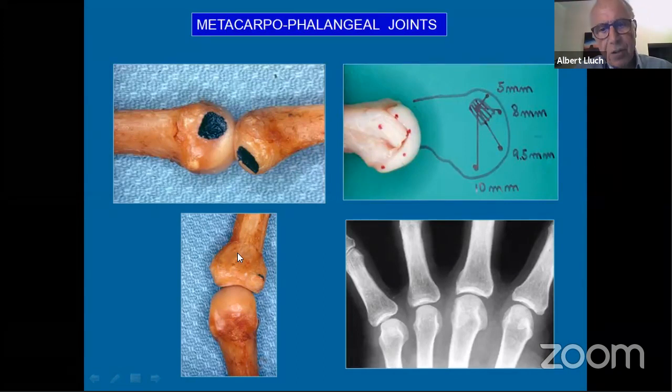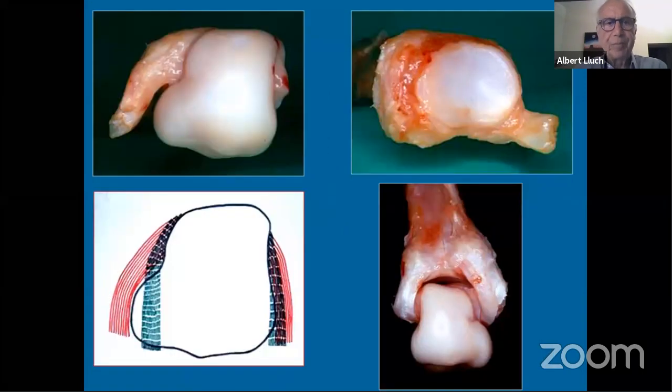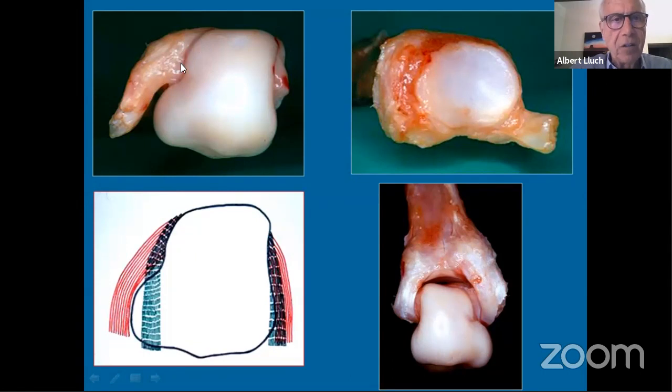And in extension, we can move the fingers in radial inclination and ulnar inclination, but we cannot do this when they are in flexion. And here we can see quite well, this is a metacarpal head, the origin of the collateral ligament on the most dorsal part of the metacarpal head.